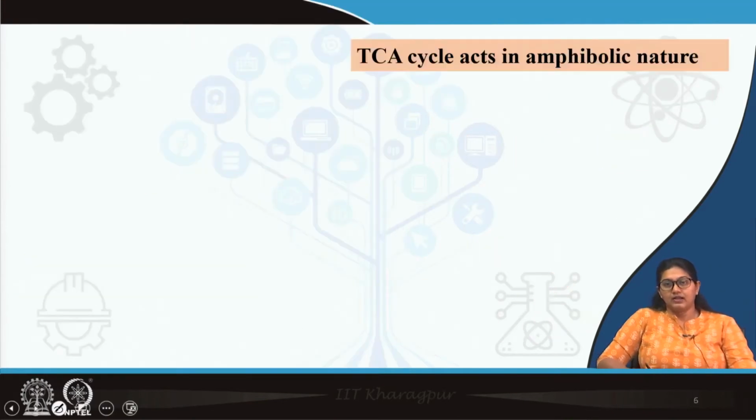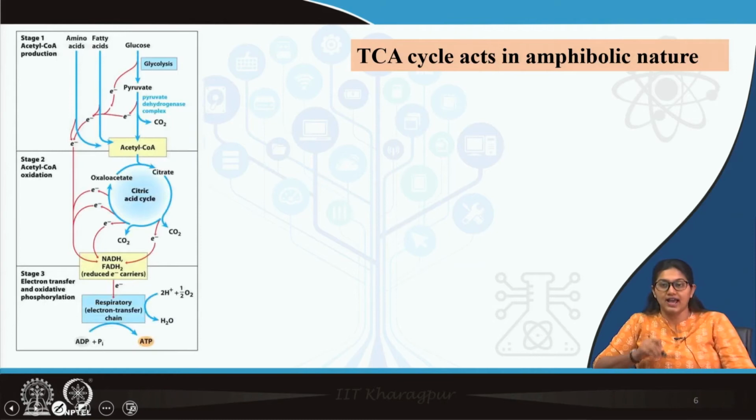Okay. So, this is one important thing: the TCA cycle acts as an amphibolic pathway because it acts as an anabolic pathway, and it also acts as a catabolic pathway.